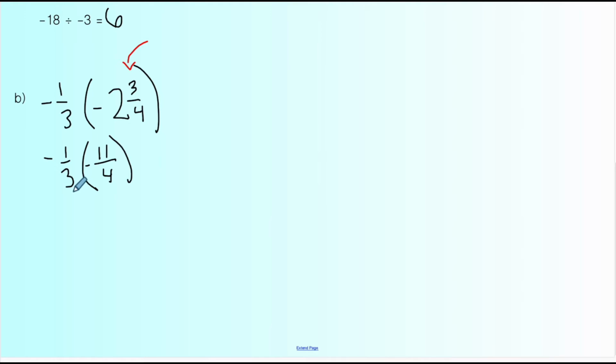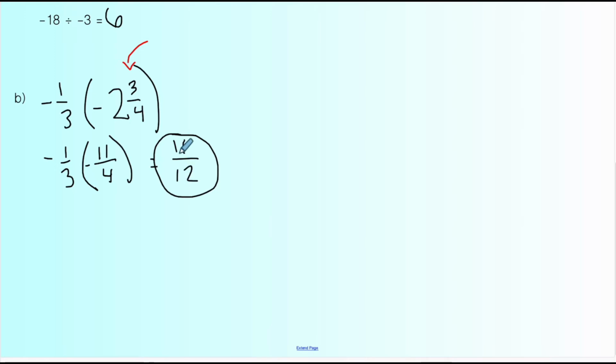And since they're both negative, they both have the same sign, I already know my answer is going to be positive. I don't even have to worry about the fact that they're negative. It's just multiply as I normally would. So 1 times 11 is 11, and 3 times 4 is 12. So my final answer here is positive 11/12.